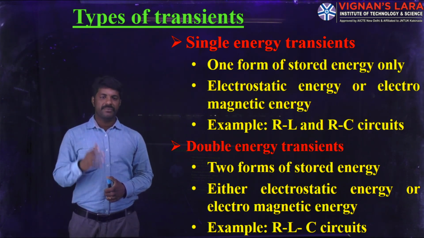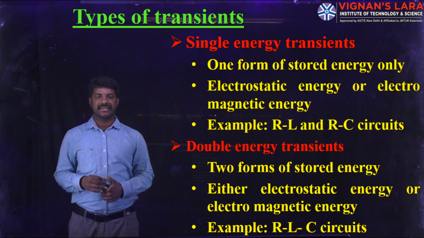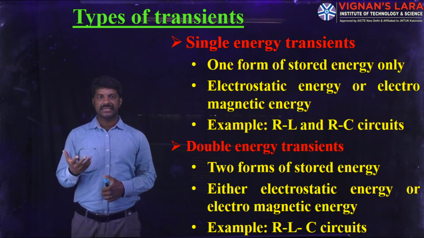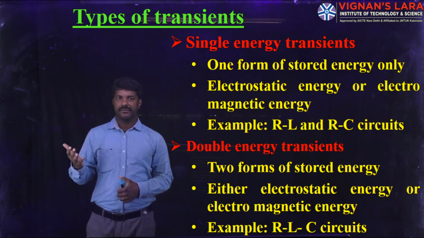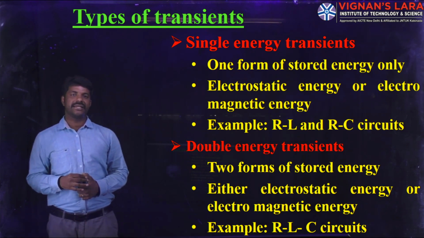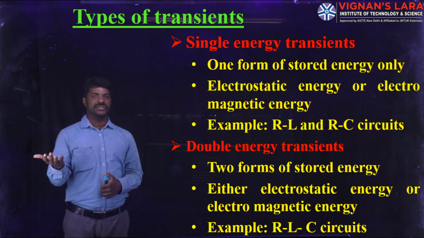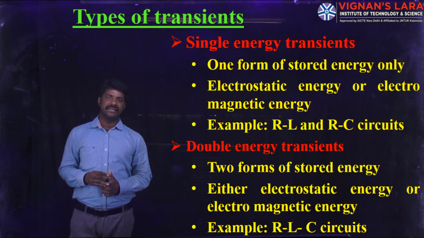So examples for single energy transients are either an RL circuit or an RC circuit. In an exclusively RL circuit, only the inductor will be present, which stores the energy and will be subjected to change in the magnitudes of the voltages and currents.